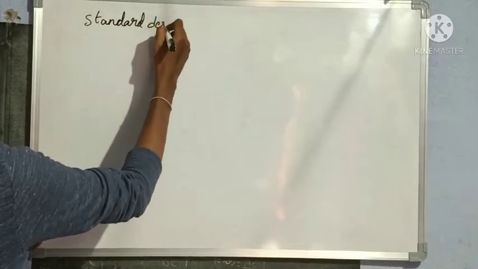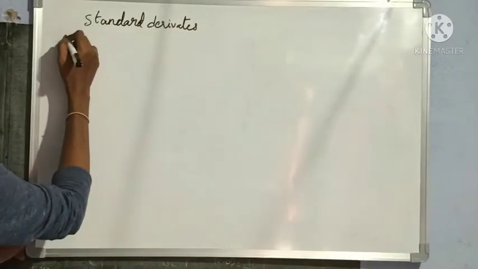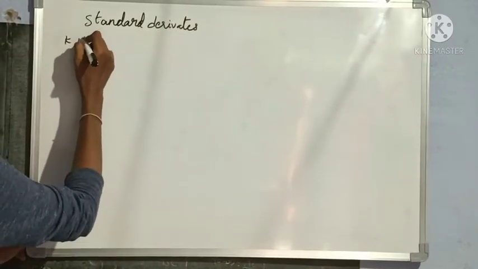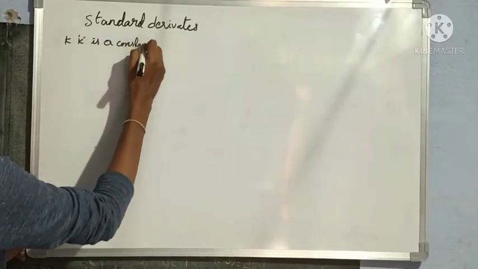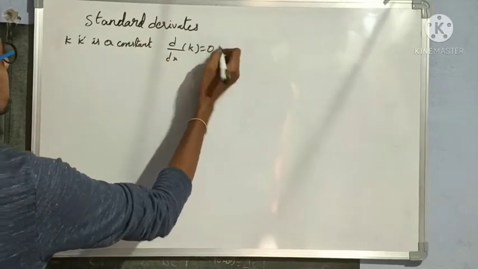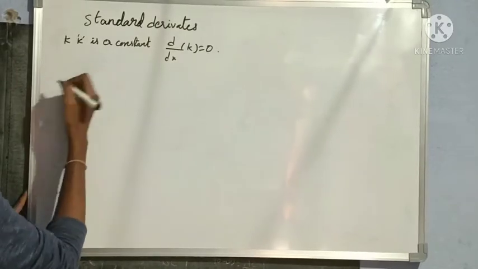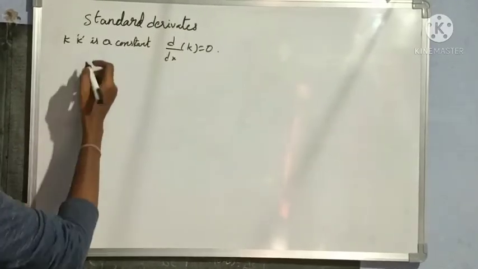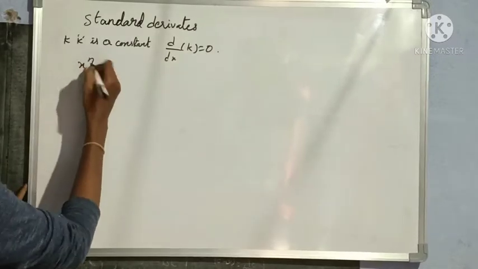And our first derivative is k, where k is a constant. So d by dx of k is equal to 0. Okay. Next, d by dx of x power n.